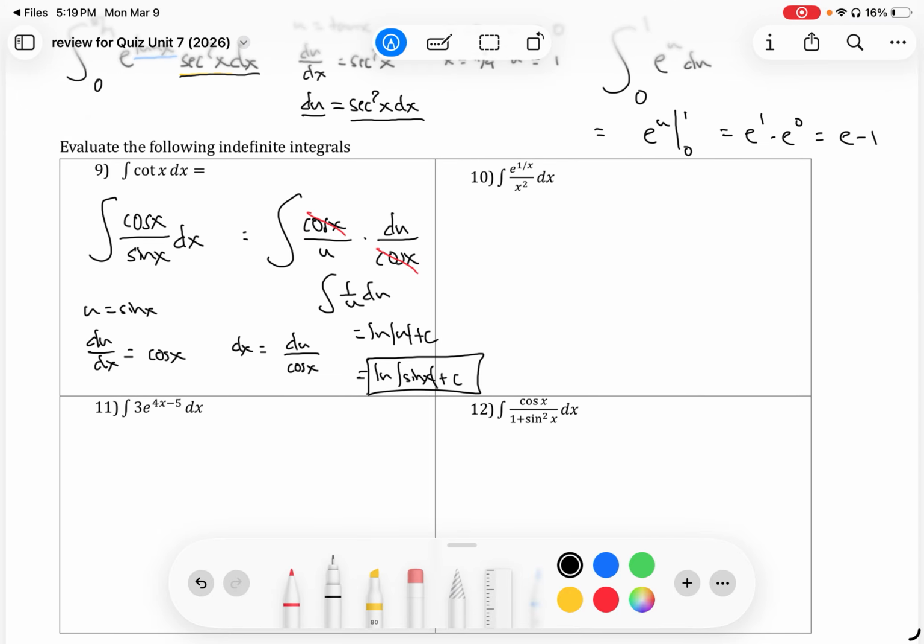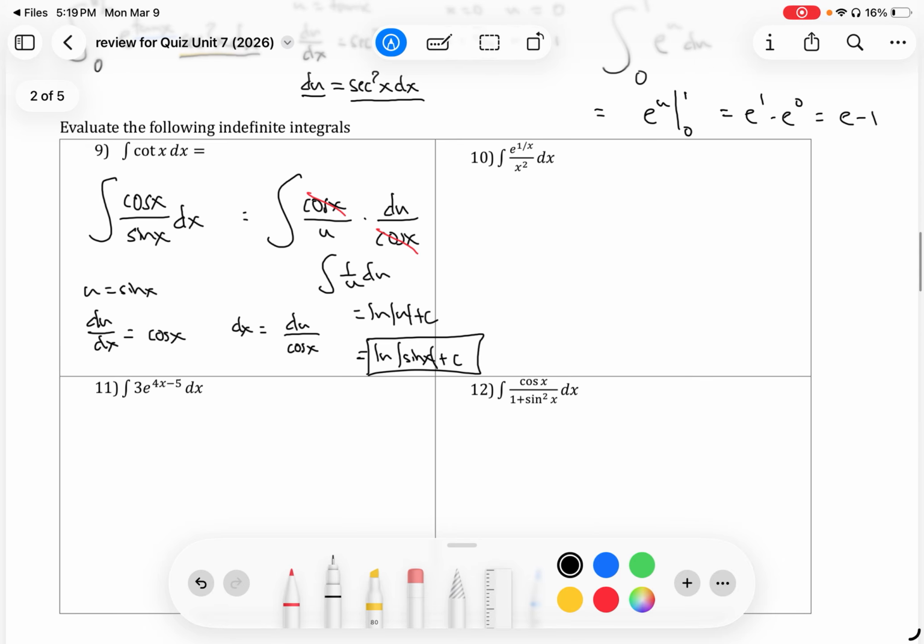Number 10. It looks like I have e raised to something, and then I also have maybe the derivative of that thing. So what if I could rewrite this as e to the x to the negative 1 times x to the negative 2, and that will look very much like x to the negative 2 is the derivative of x to the negative 1, or very similar to it.